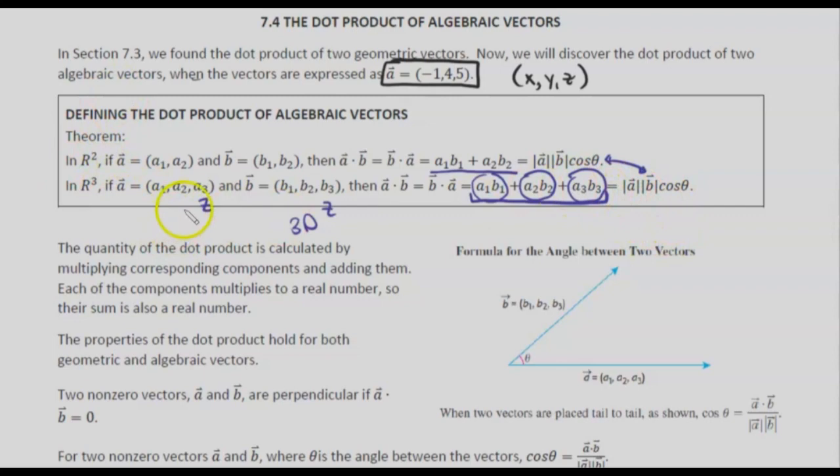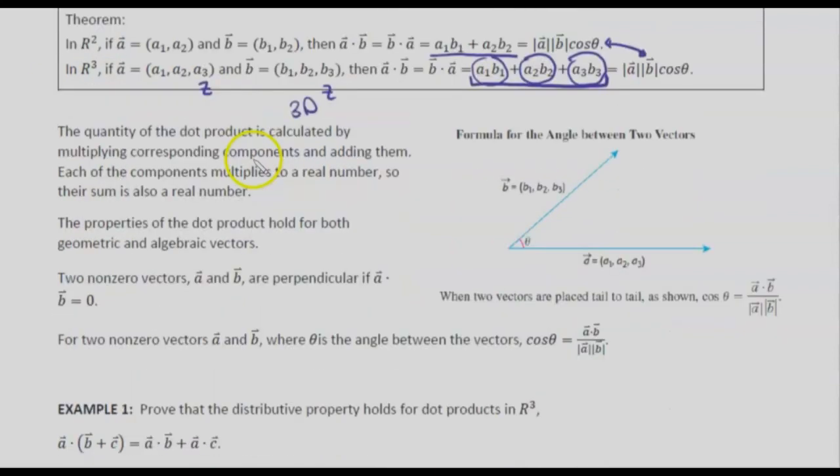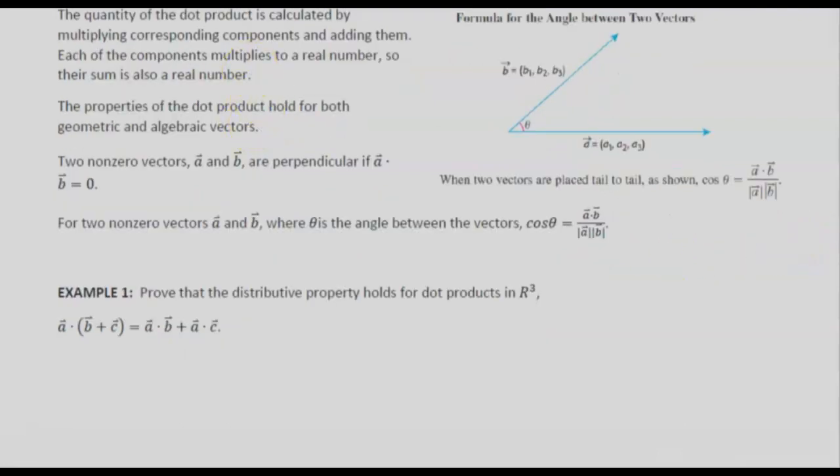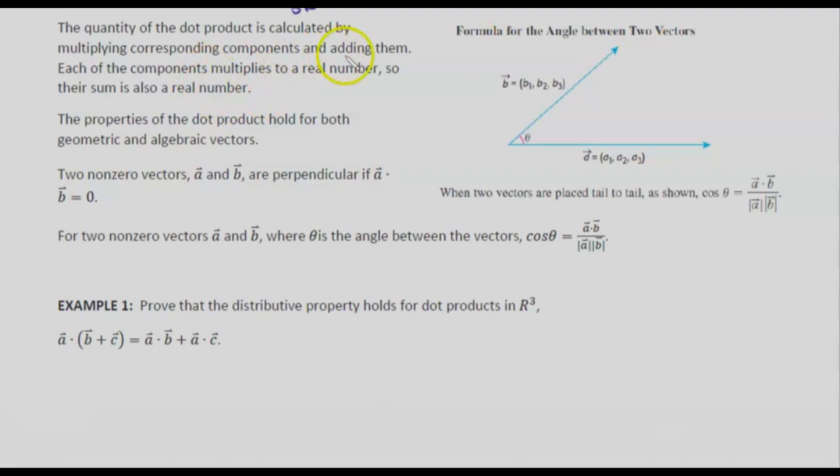Okay, so this box is just all of our equations and how they're interchangeable. Okay, so the quantity of the dot product is calculated by multiplying corresponding components and adding them. Each of the components multiplies to a real number, so their sum is also a real number. The properties of the dot product hold for both geometric and algebraic vectors, okay?